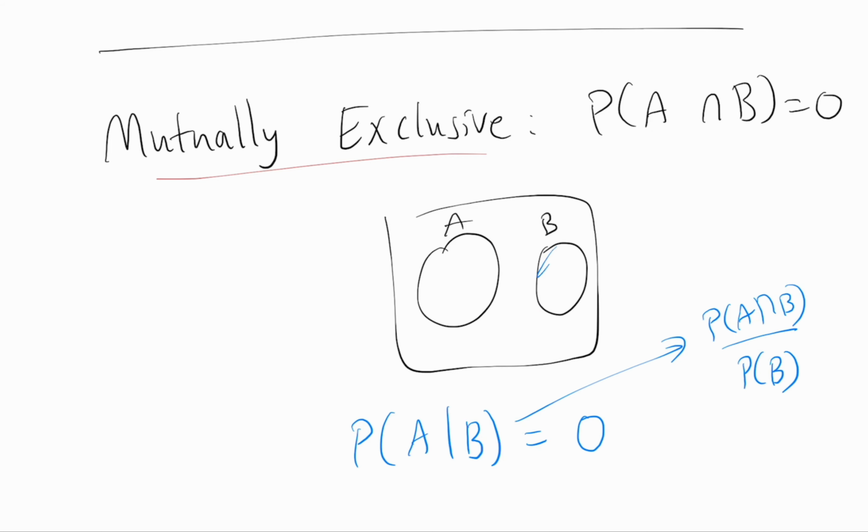So if the dart's already been thrown and landed in B, the chance of it also having landed in A is 0, because if it's already in B somewhere, there's no overlap for it to also be in A.